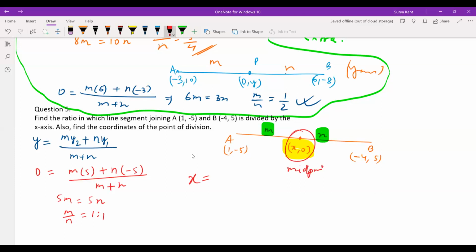Harshit, you're correct. So -3 by 2, that is -1.5. So the point is -1.5 comma 0, that's all.